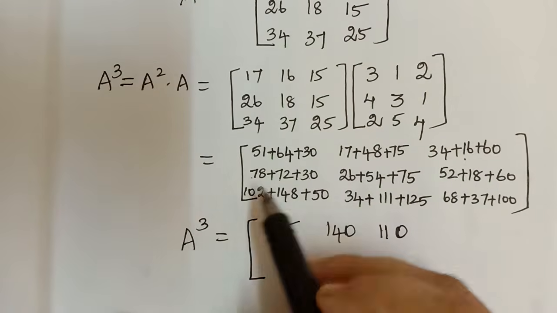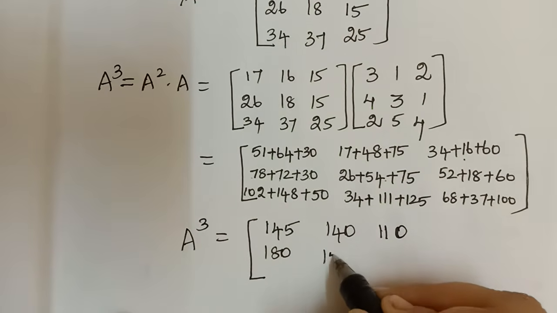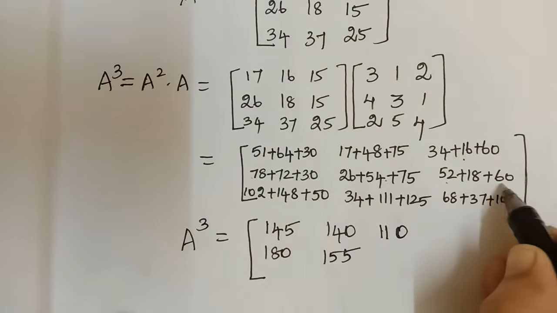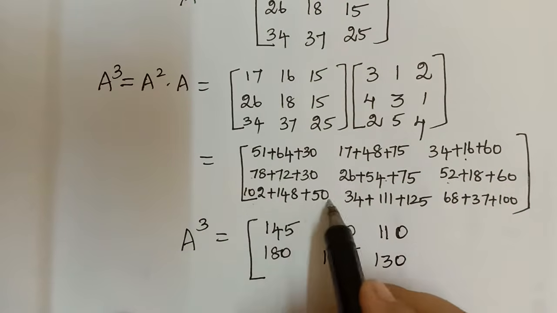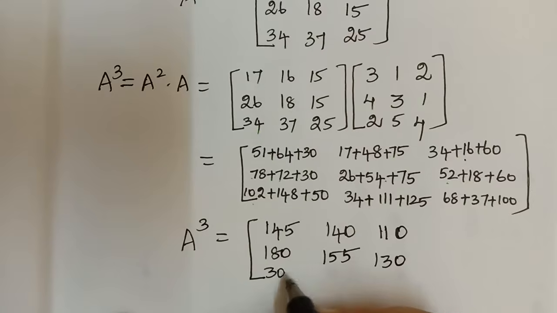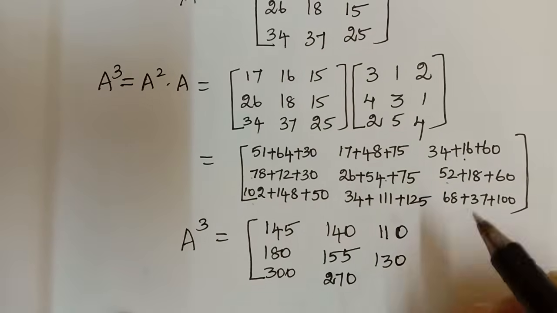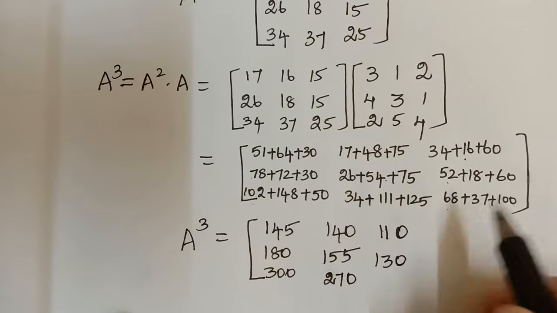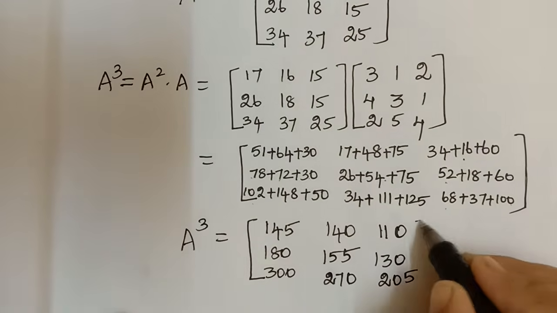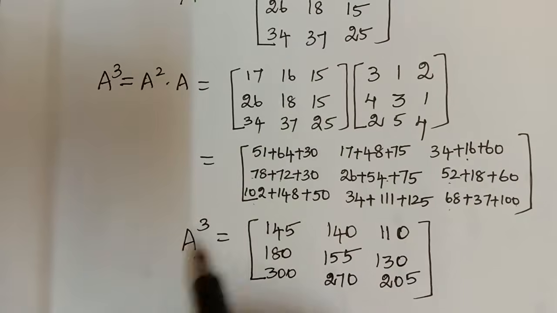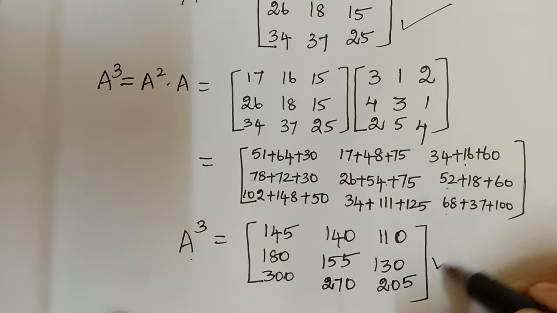And the addition of this will be 180, then 155, and then this is 130, and on adding this we get 300, and here it is 270, and then 100 plus 68 plus 37, which is 205. So this is the matrix A cube. So we have obtained the matrix A, and we have obtained the matrix A cube.